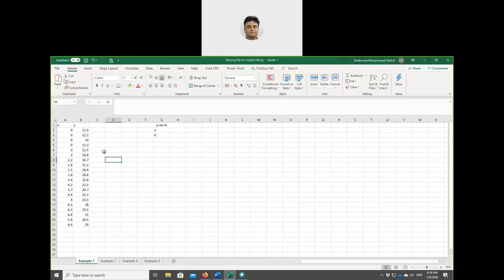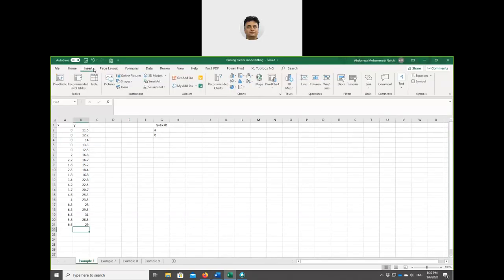So first, if you click here and then insert a graph, it automatically puts this one as x and this one as y. But I want to show you how we can bring it in by hand. Please click on one cell far from the data, not near the data.